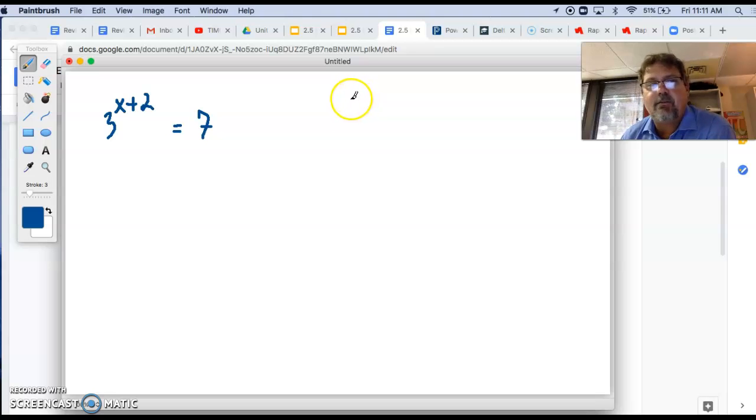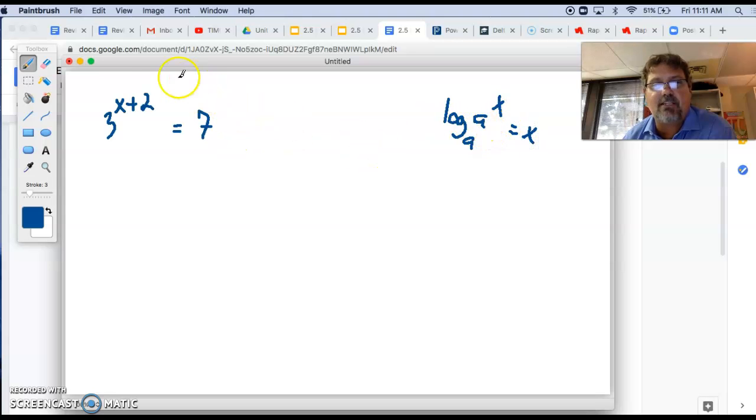Now, you can take any log you want of both sides, and it will bring the exponent down. But there's a smart one to use, and it would be whatever base this is. This is base 3, so we choose log base 3 because your rule says log base a of a to the x is x, right?